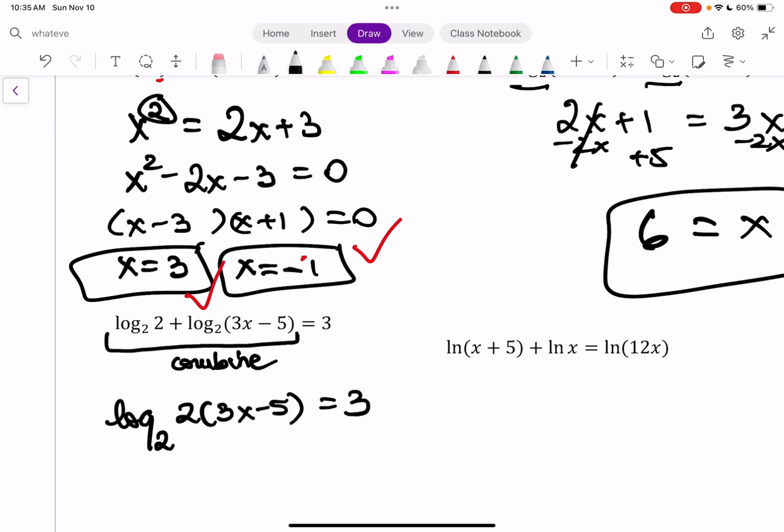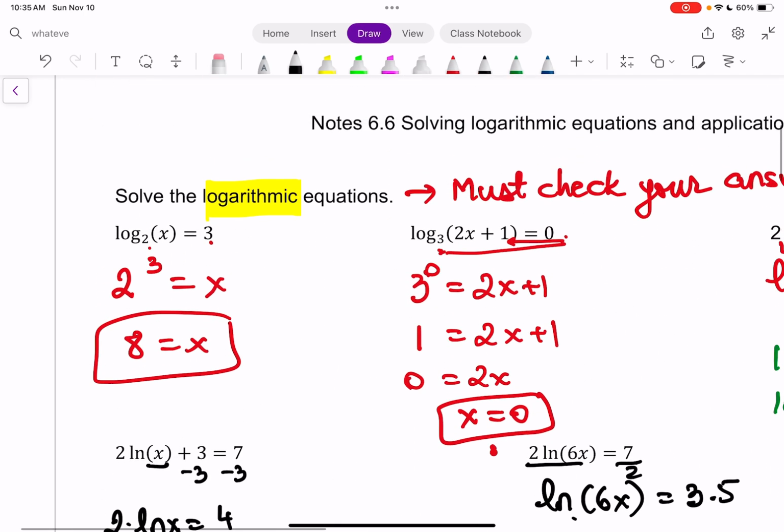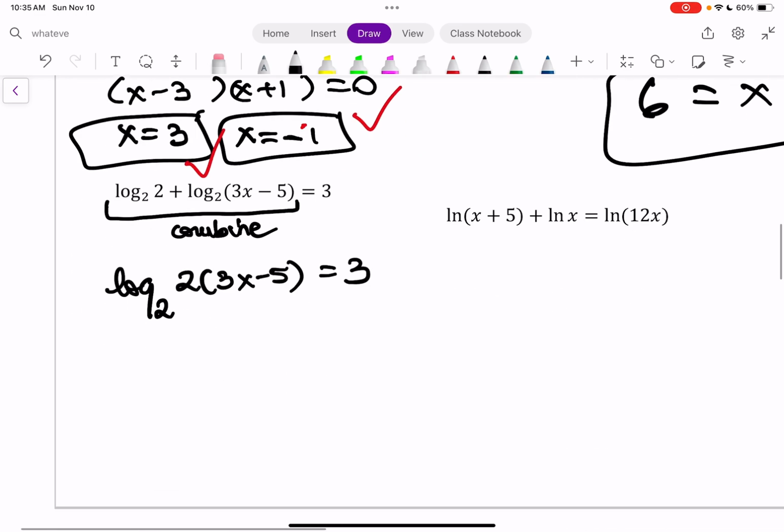And now I only have one. And now I can go back to what we had before, where you take a logarithmic equation that equals some number, right? And you switch it to the exponential form. So here we have it, 2 to the power of 3 is equal to whatever we have here, which is 2 times 3x minus 5.